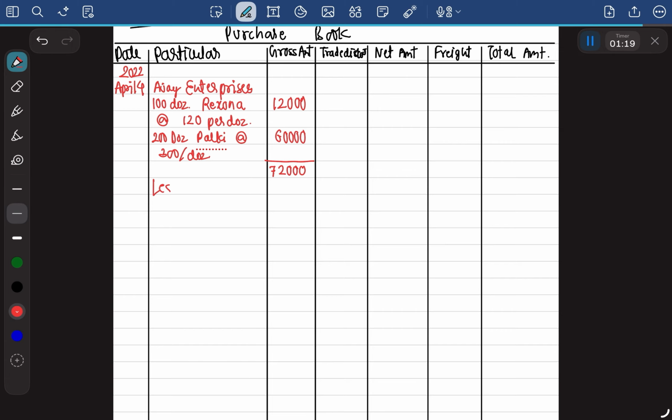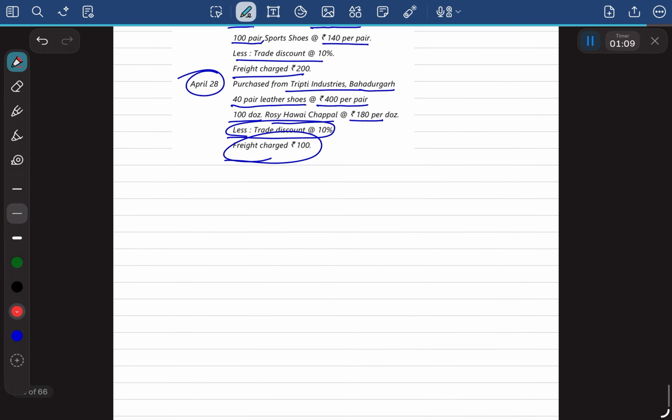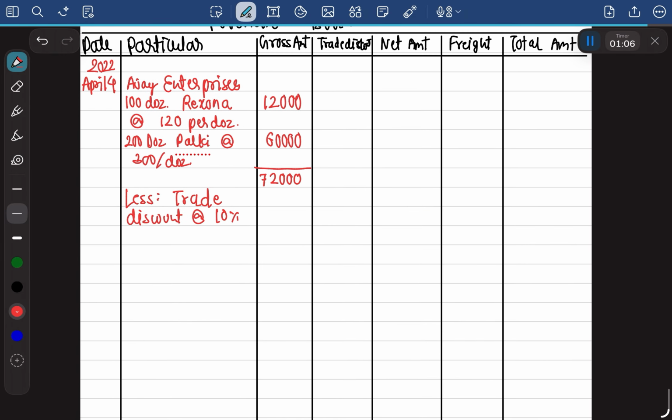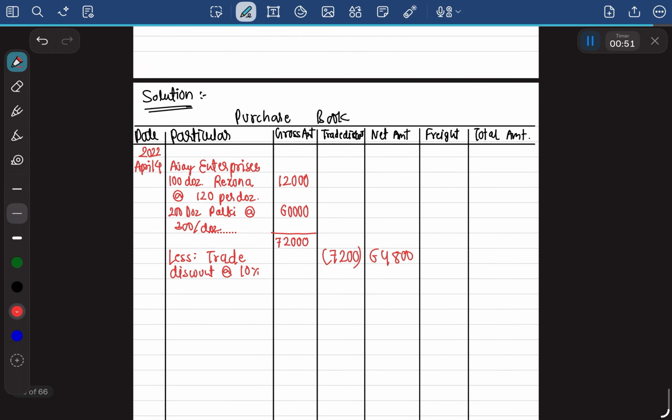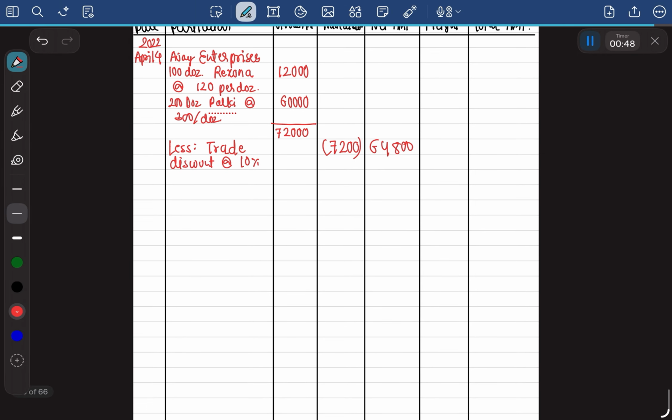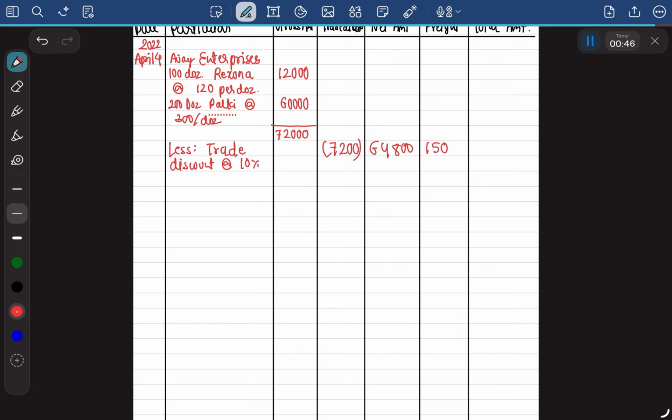Less trade discount at the rate of 10%, so the trade discount will be 7,200. Net amount will be 72,000 minus 7,200, 64,800. Then I have to add freight. I add 150 here, and my total purchase amount is 64,950.